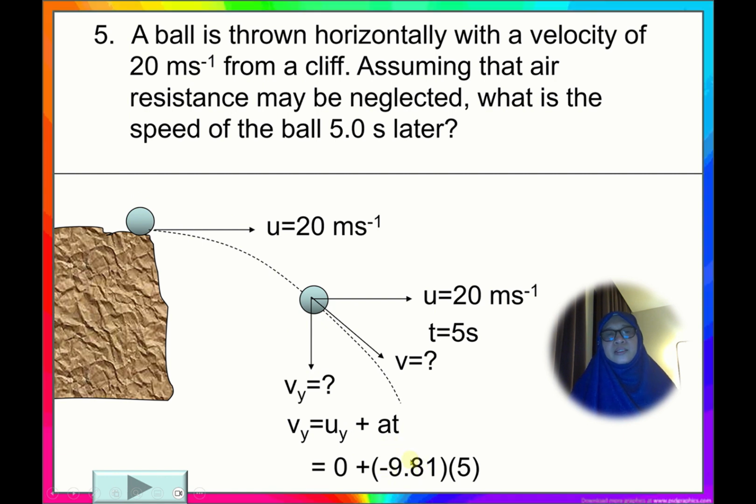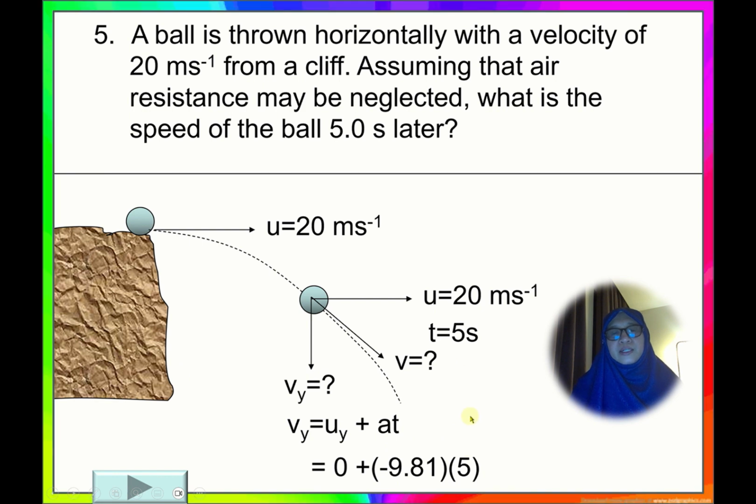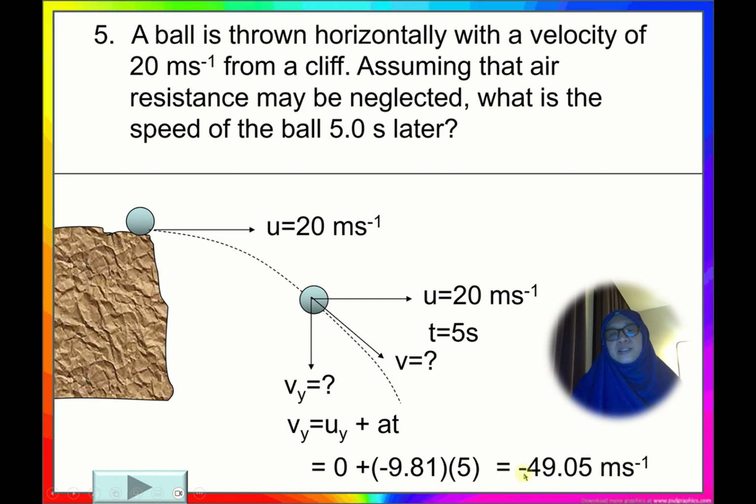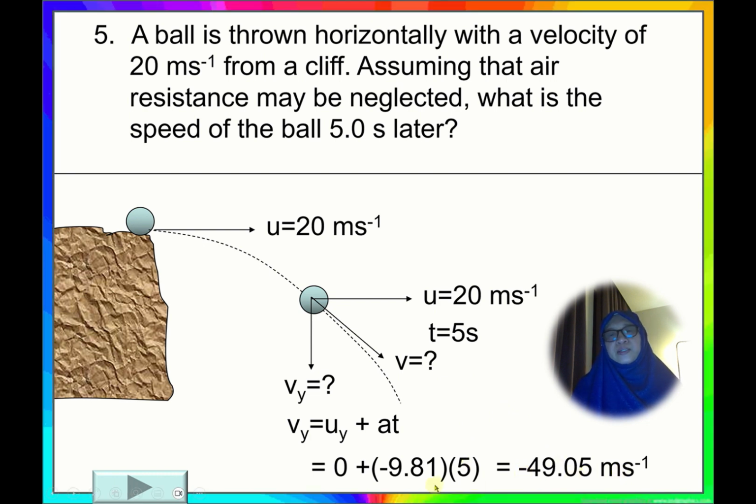The a is positive because it's downward motion, and the t is 5 seconds. So you get Vy is 49.05 meter per second. Wrong sign here, this is supposed to be positive.